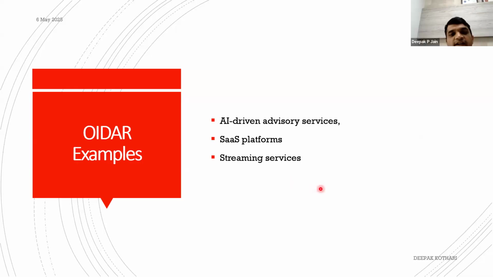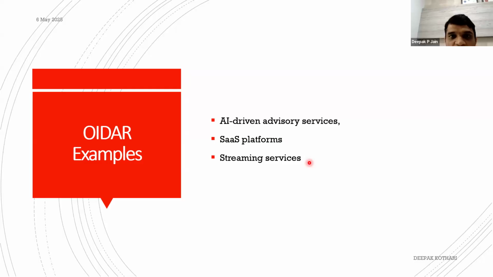Various examples are AI driven advisory services, something like advisory services which is not provided by a human. You ask the question online and the information is not dependent on any human intervention. Based on whatever information or data is available, AI captures the information and provides answers.